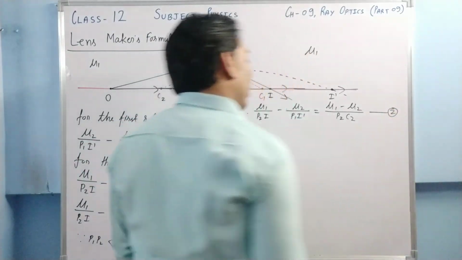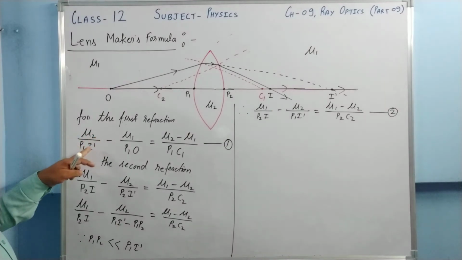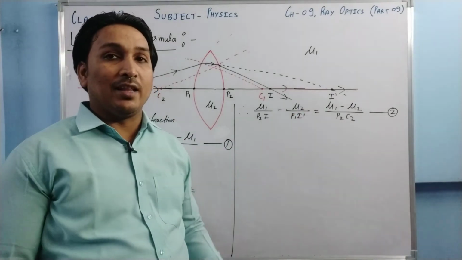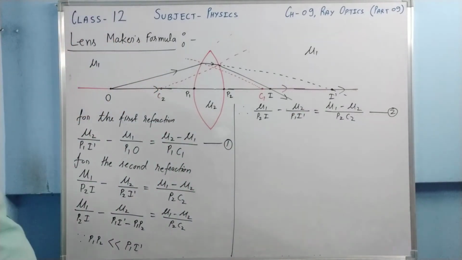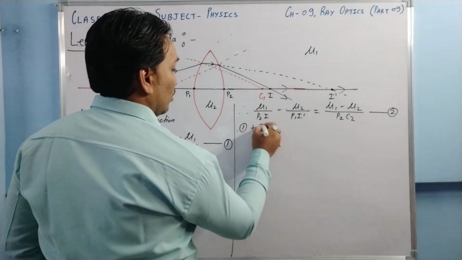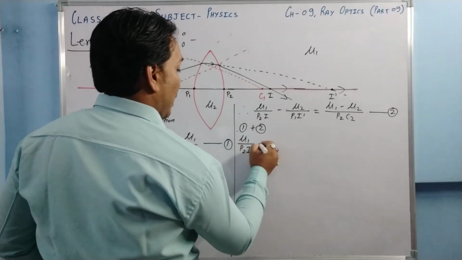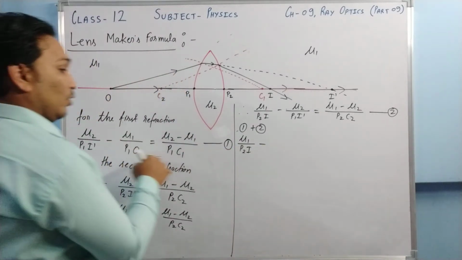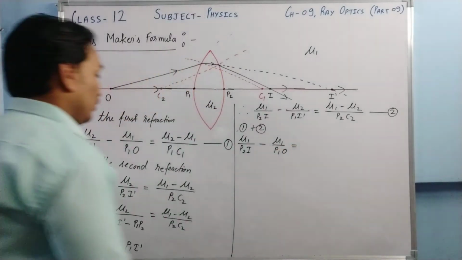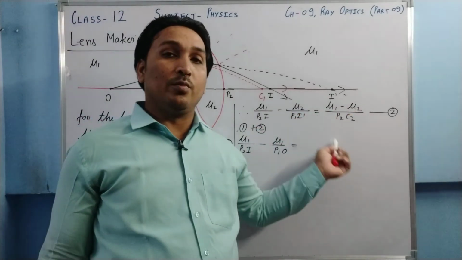Now what I am going to do, I am going to add equation number 1 and equation number 2. In equation number 1, mu2 upon P1I dash is positive. In equation number 2, mu2 upon P1I dash is negative. So when we add them, it will become 0. So what we are left with is mu1 upon P2I, which is positive, minus mu1 upon P1O is equal to, now just see the right hand side, mu2 minus mu1 upon P1C1 plus mu1 minus mu2 upon P2C2.